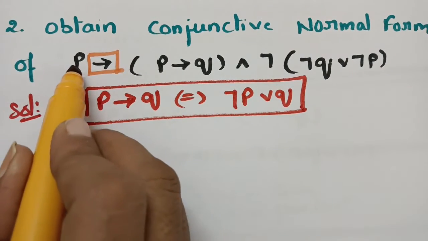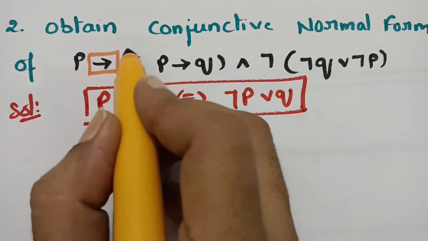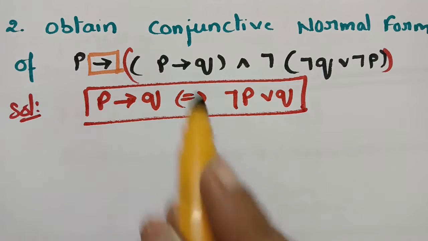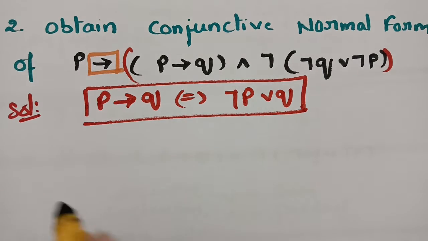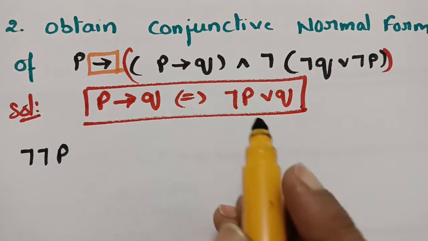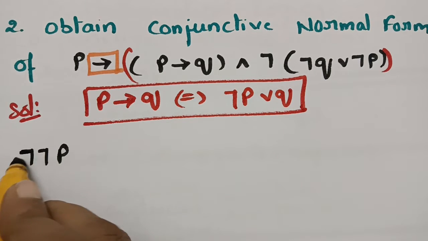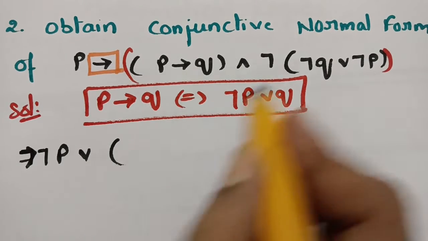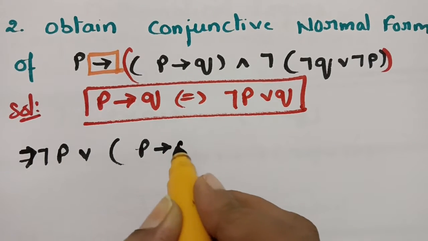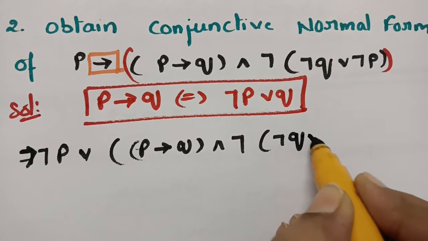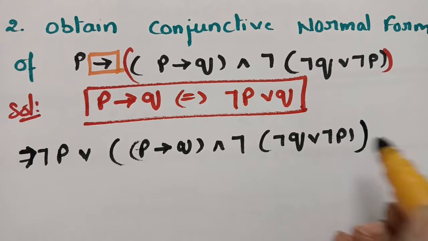I'm considering this as one thing and this as one thing, so this is a whole bracket. If I apply, this is P implies Q, so I'm writing this as negation P or Q. What is Q here? This is P implies Q, and this is negation of negation Q or negation P. Clear?